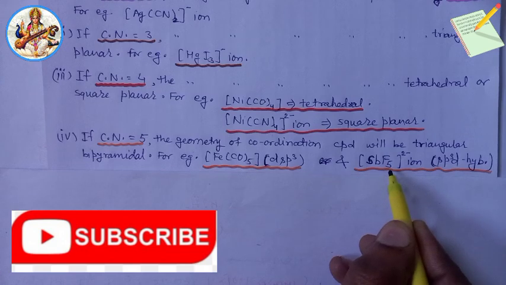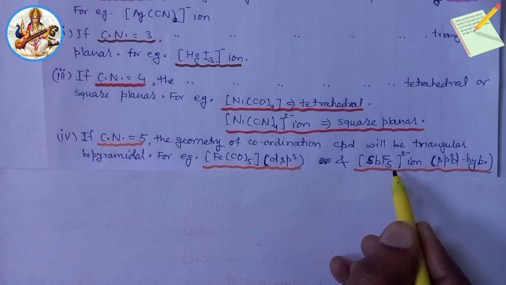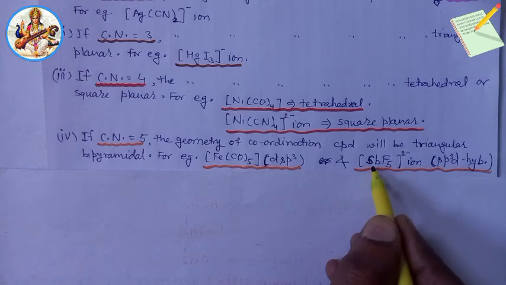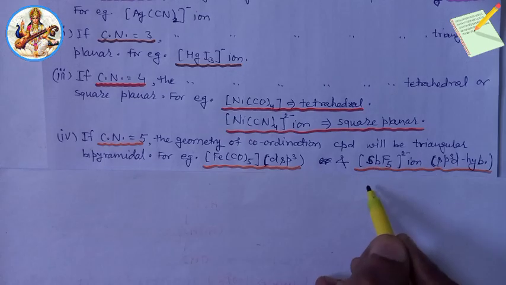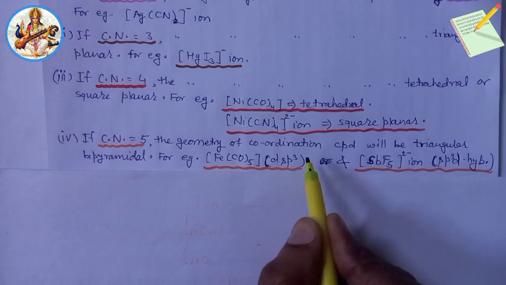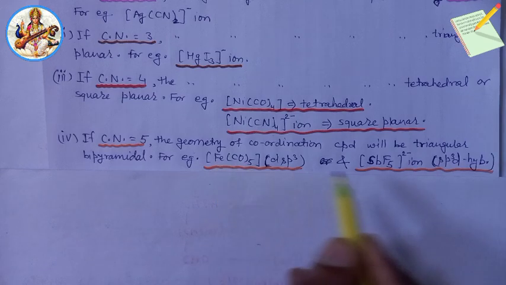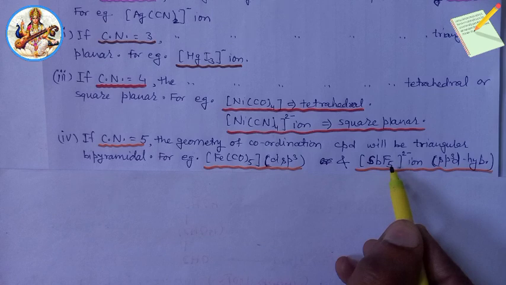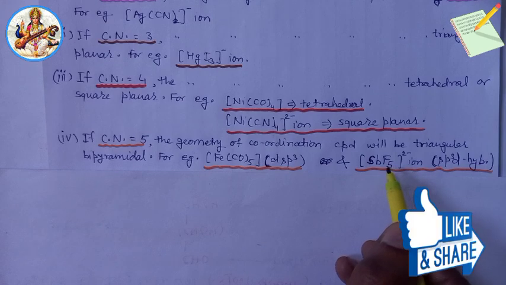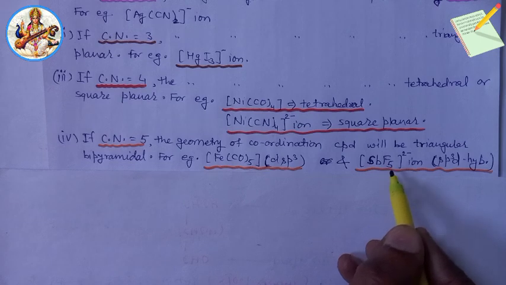Similarly, in [SbF5]2- ion, the geometry is triangular bipyramidal and the hybridization state of antimony is sp3d. In the first condition, the inner d orbital participates, whereas in this complex ion, the outer d orbital participates.